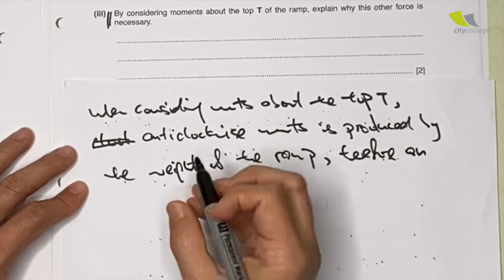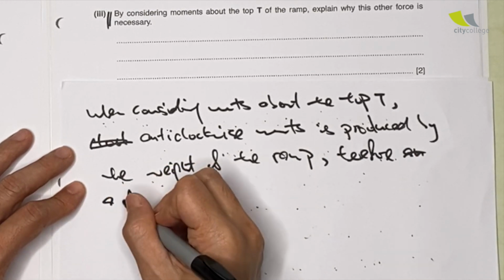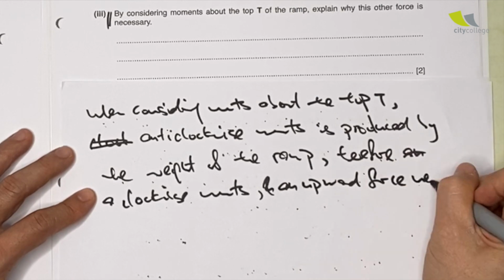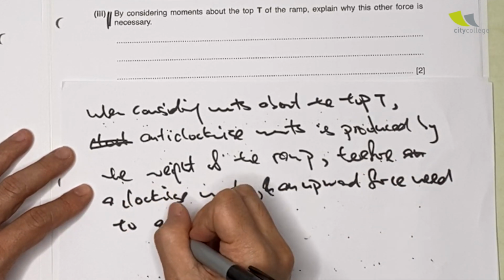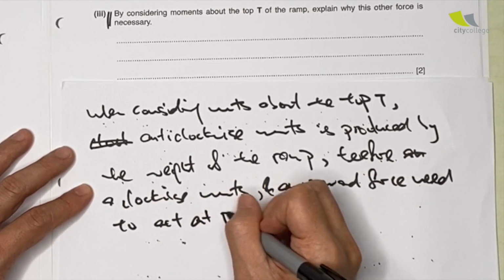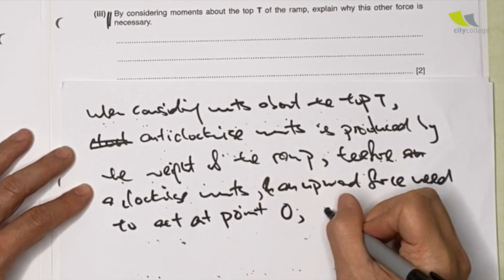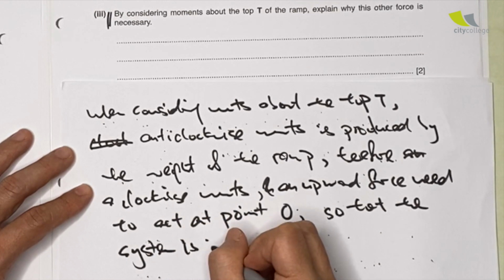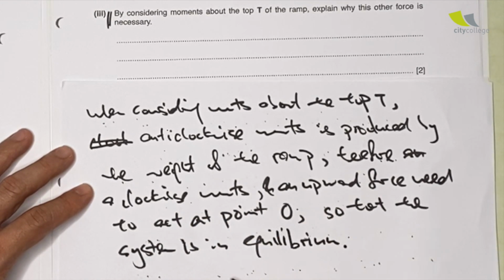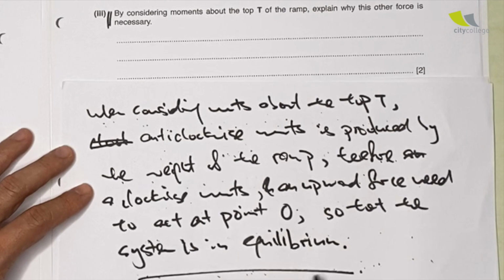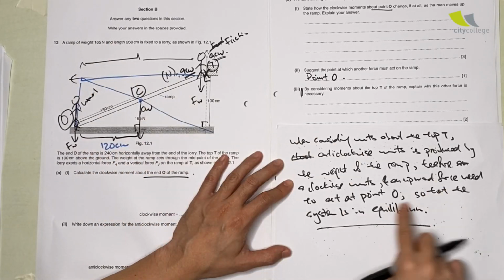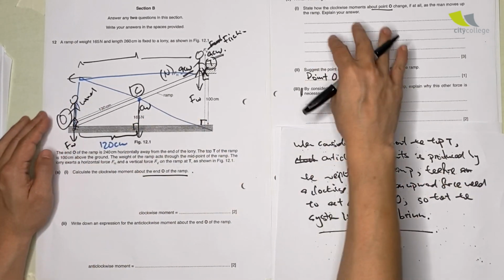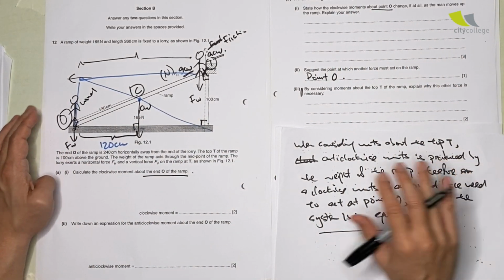Therefore, a clockwise moment and upward force need to act at point O so that the system is in equilibrium. Okay, so that's the answer. Keyword is equilibrium, upward force, which is a clockwise moment. That will give you your 3 marks. This part is slightly more challenging, so that's why it's worthwhile to go through.